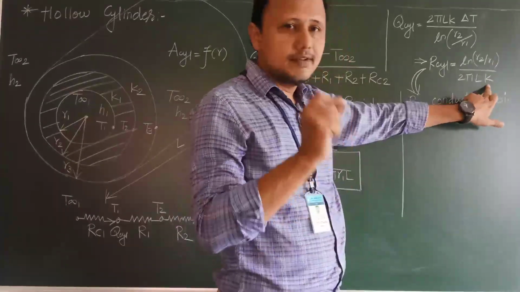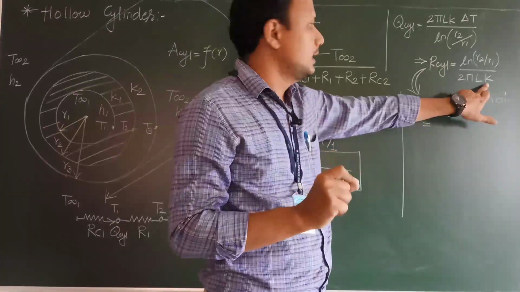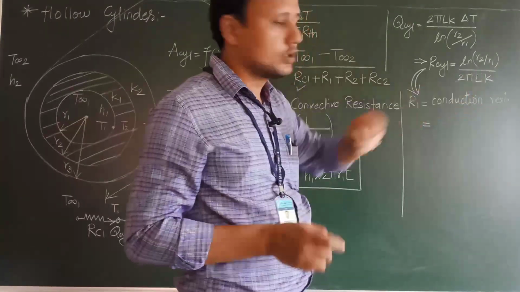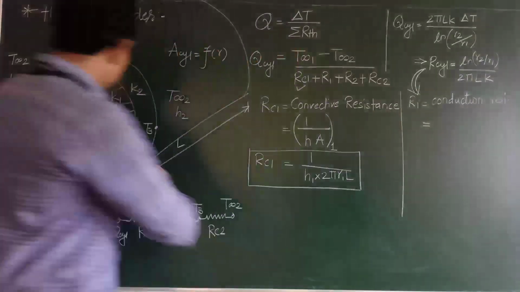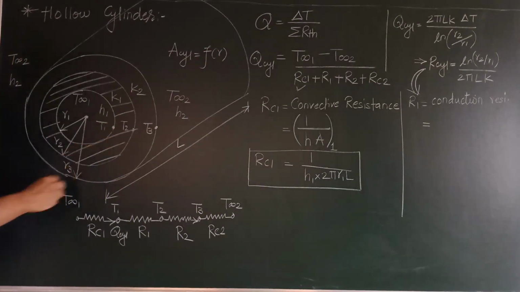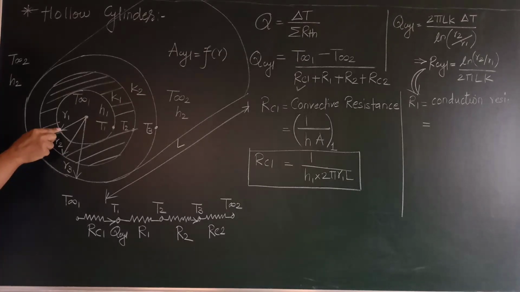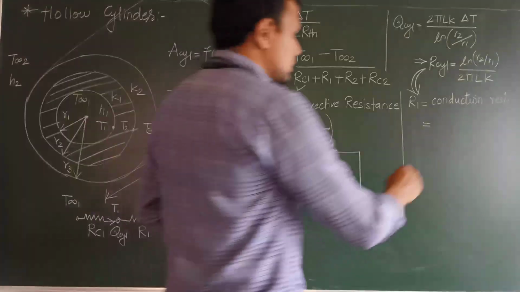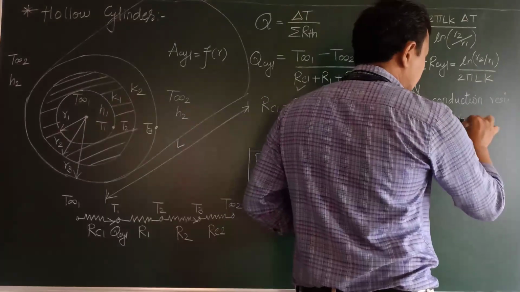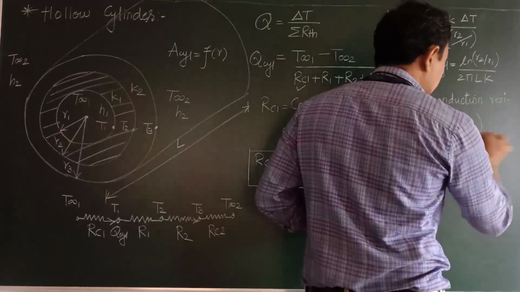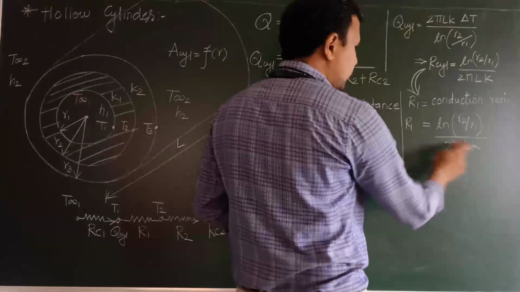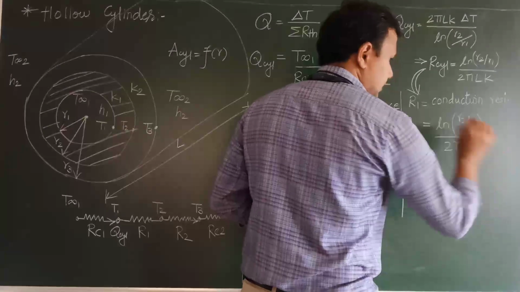K is the conductivity of that particular material only. L is constant because it is the same for every section, and 2 and pi are both constant. So for this section indicated by hatching line, R2 is the external radius, R1 is the internal radius. So the formula for this R1 will be ln of R2 by R1 divided by 2 pi L K.